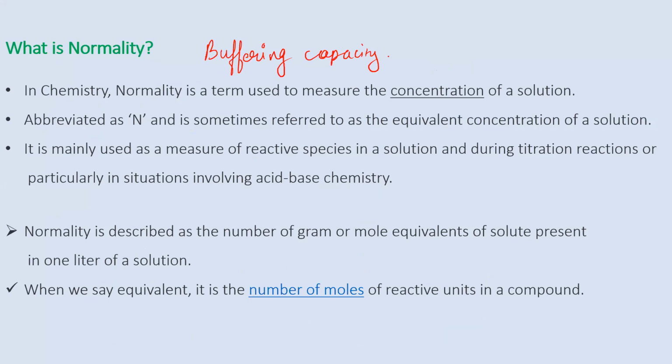Why am I after the equivalent mass? Because the definition of normality says that it is the number of gram equivalents of a solute present in 1 liter of a solution.